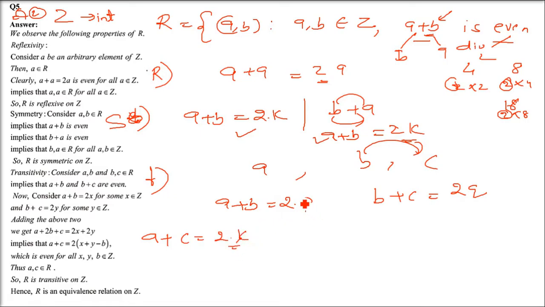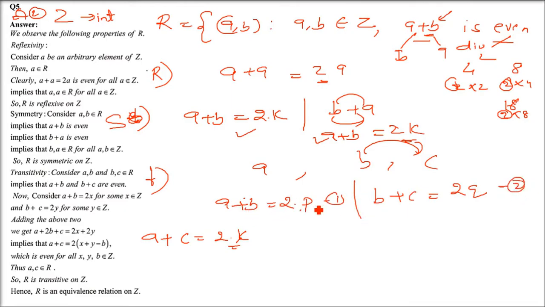Because we need a plus c, we have to add. Otherwise, in the previous question, we subtracted. So let us add these two, and now what do we get? If we add, we'll get 2b. And we need a plus c.